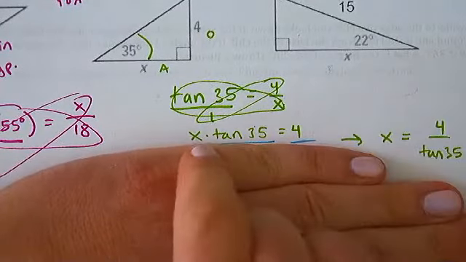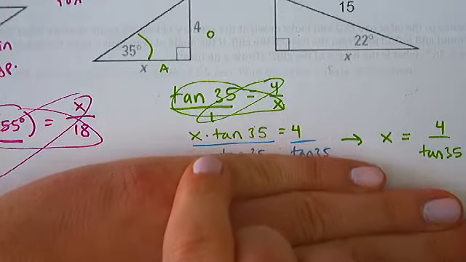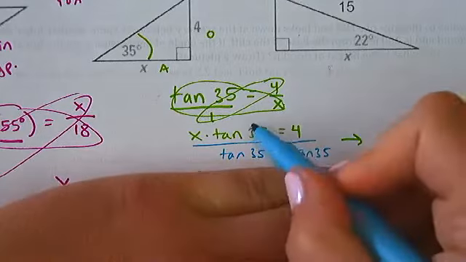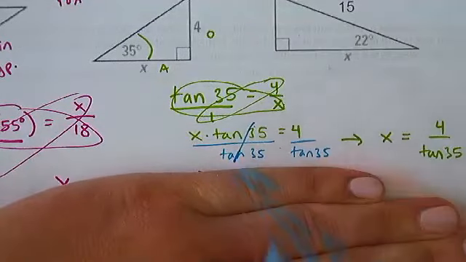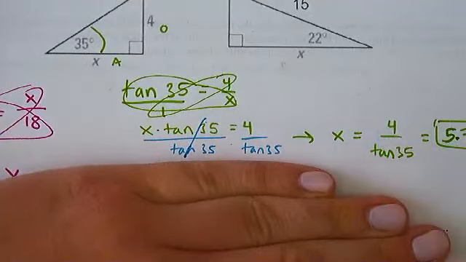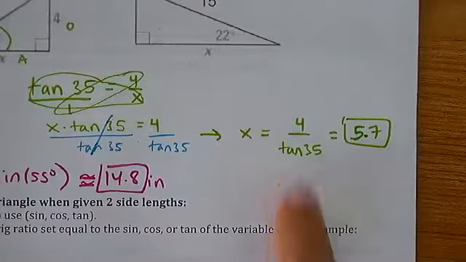Our goal is to get the x by itself, so because x is being multiplied by tan, you're going to divide both sides by tan of 35. So then these cancel, and now my x is alone. So that's how I got x equals 4 divided by tan of 35. And when you punch that into your calculator, you should get 5.7.